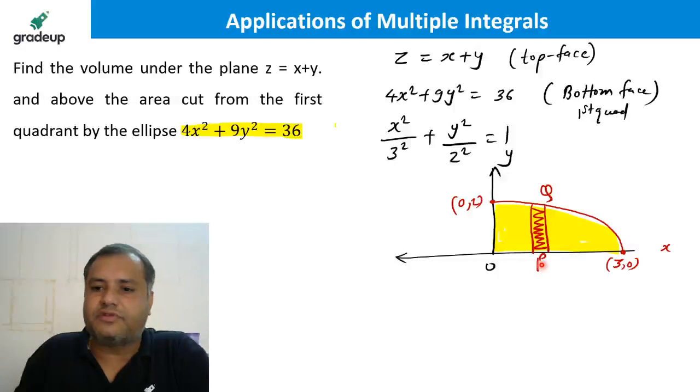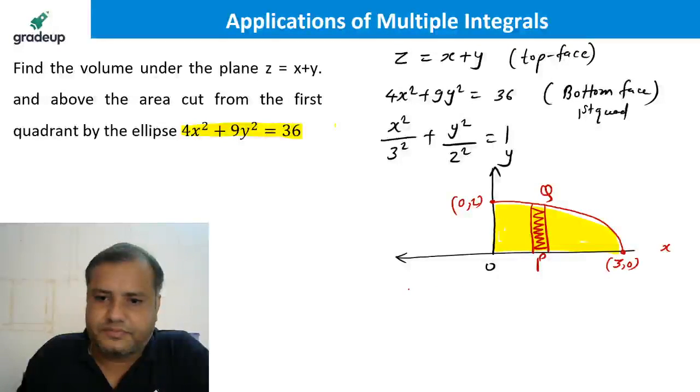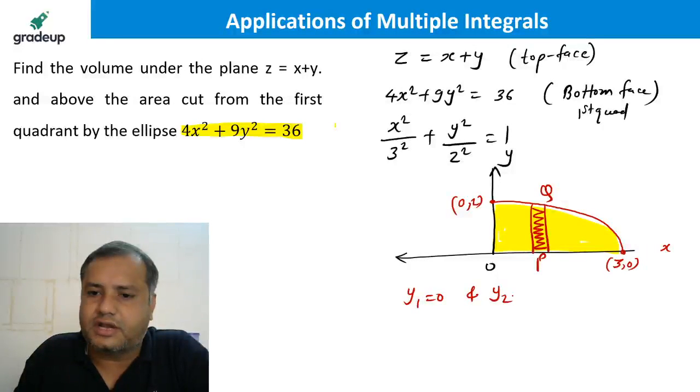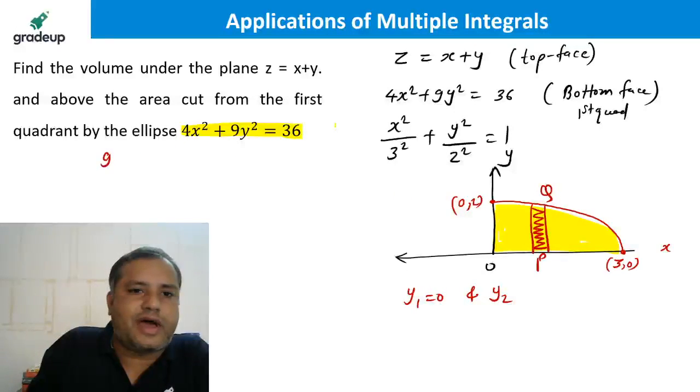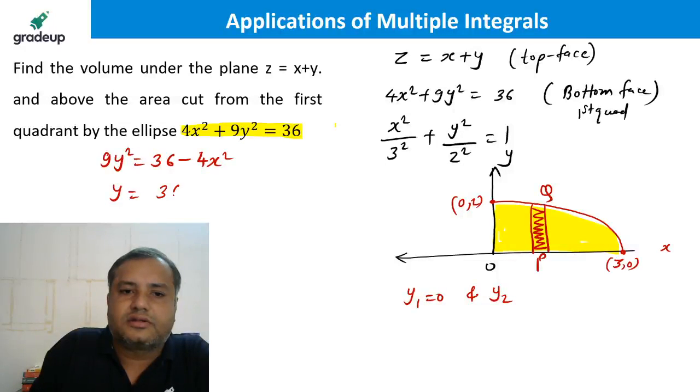So point P will give me y1. So y1 will be 0. And point Q will give me y2. Point Q is lying on this ellipse. So 9y square equal to 36 minus 4x square. So y square will be (36 minus 4x square) upon 9.